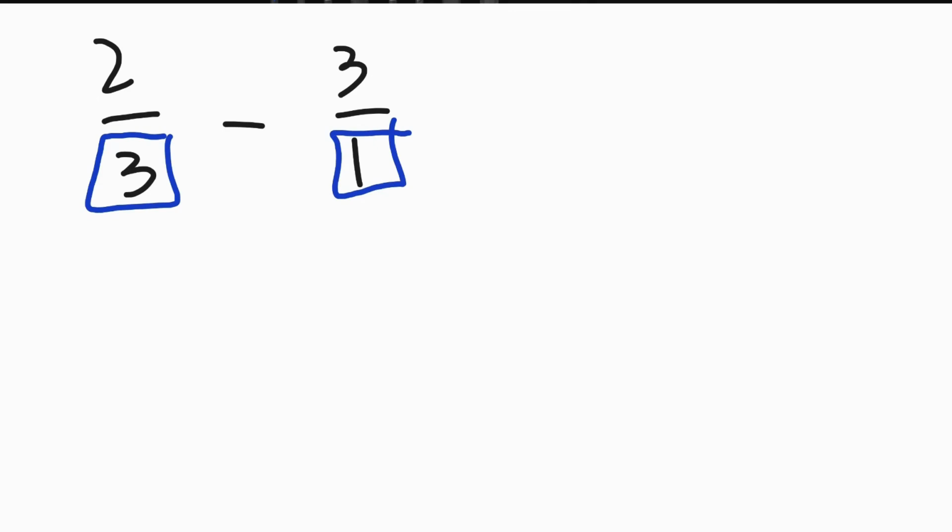And how are we going to go about that? We're going to get the LCM. In this case, it would be 3. So we're going to multiply this by 3. And what we do to our denominators, we do to our numerators. If you want, you can multiply this by 1 and by 1.